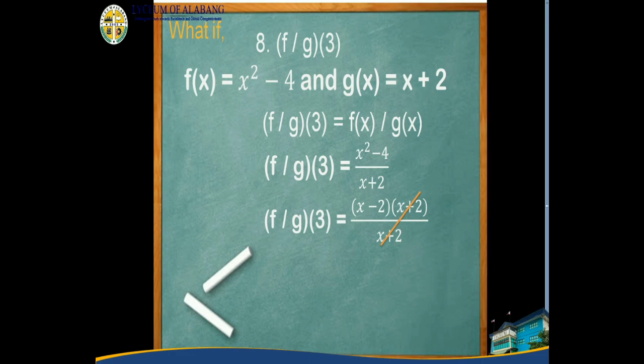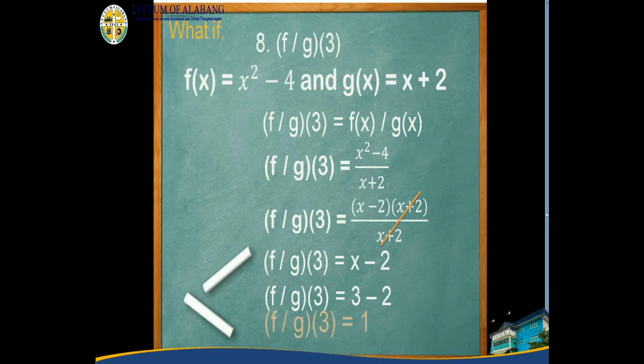So, the quotient of the given function f of x divide g of x is equal to x minus 2. After getting the quotient, now substitute the given value of x, which is 3. Okay, so we have 3 minus 2. Therefore, the quotient of f divide g of 3 is equal to positive 1.